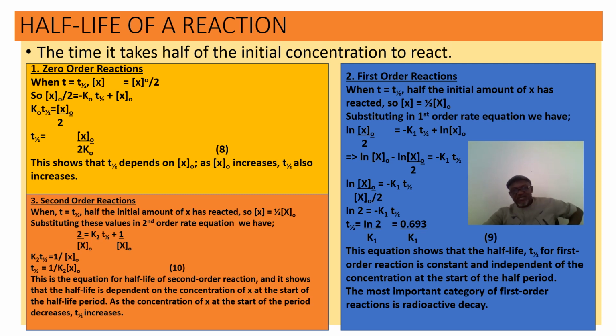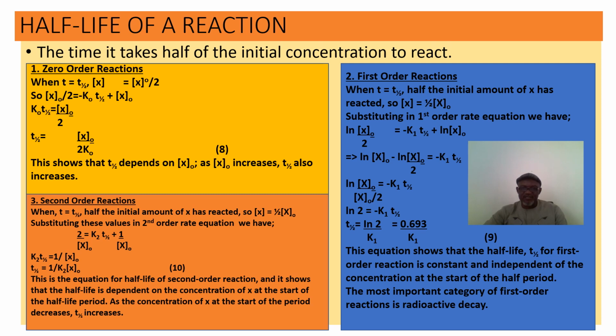Now, we'll go to first order reaction. We'll do the same thing. Substitute into our ln x is equal to minus k1t plus ln x0. So now it becomes ln x0 over 2 is equal to minus k1 t half plus ln x0. We now simplify, and when we simplify, the x0 will cancel out.